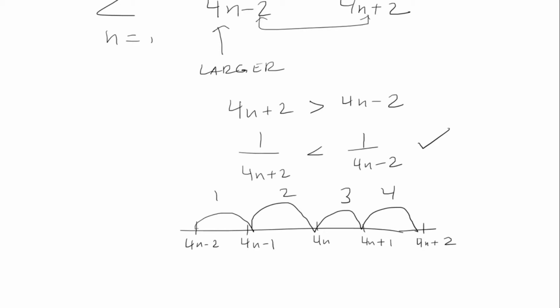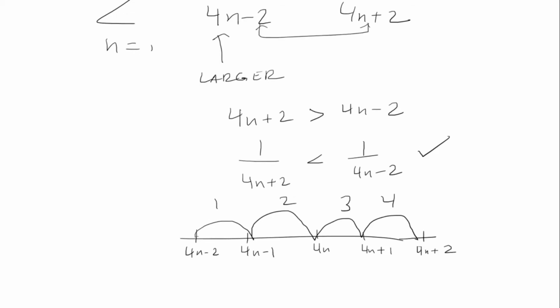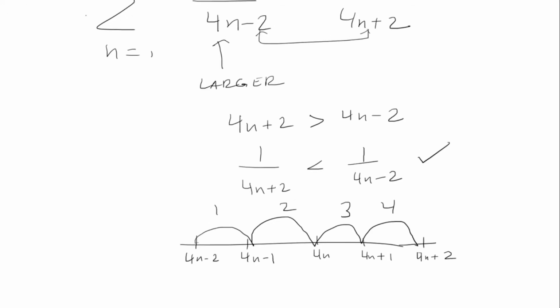So the next thing we need to do is look at the coefficient of n. Notice they're both 4. They're 4 apart from each other. So we're going to take the 4 apart divided by the coefficient of n, which is also 4, to get 1.